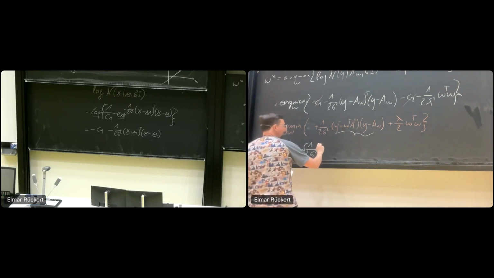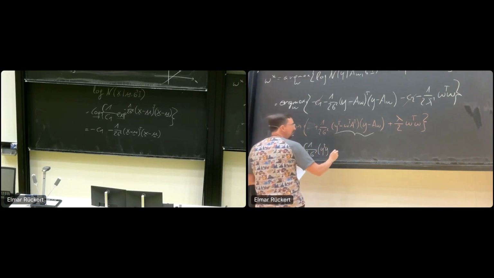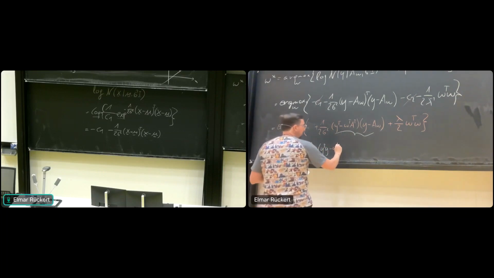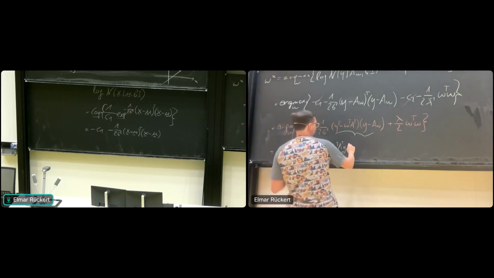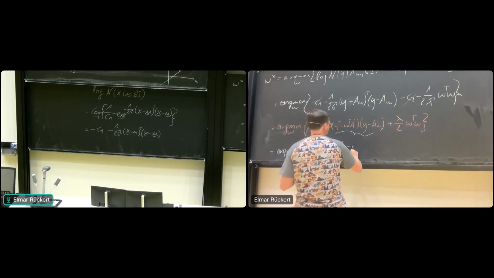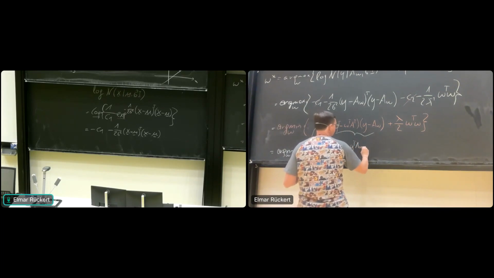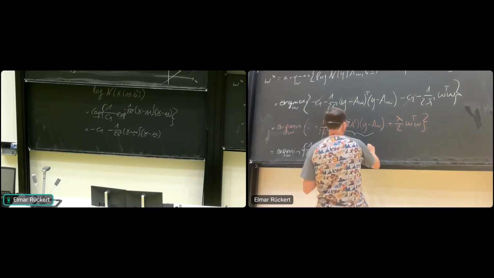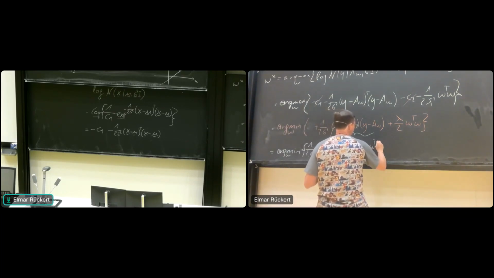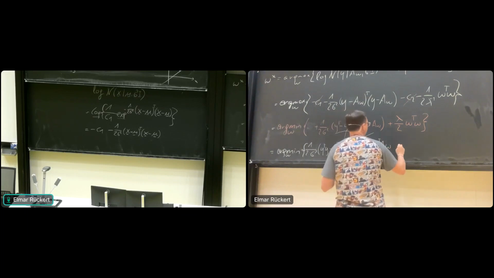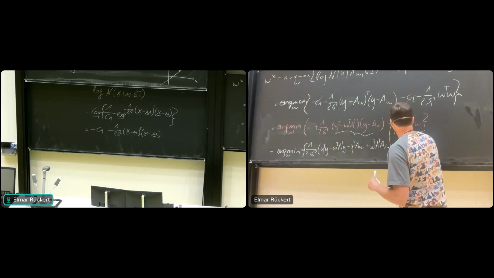So we have y transpose y, then we have minus w transpose a transpose y, minus y transpose a w, plus the quadratic term w transpose a transpose a w, and this prior term.